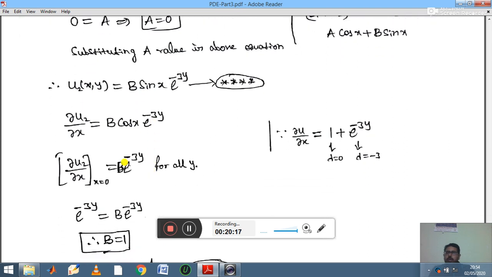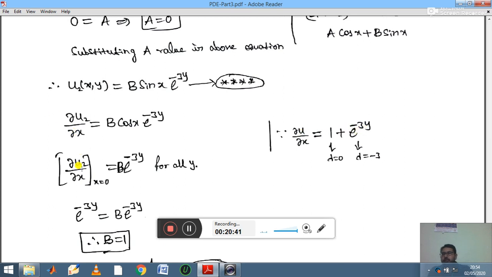Now use the second condition. In the given condition, dou u by dou x value is e power minus 3y when lambda value is minus 3. Because we are solving the second case by taking lambda is equal to minus 3, here in place of dou u by dou x, let us use e power minus 3y.